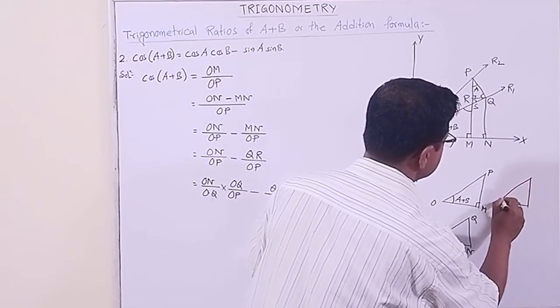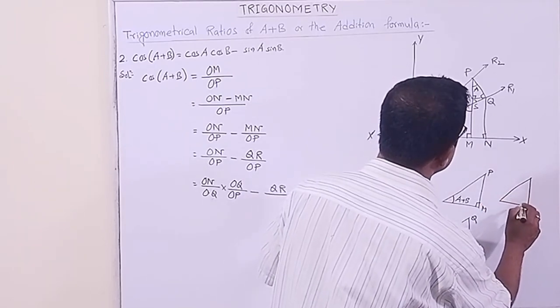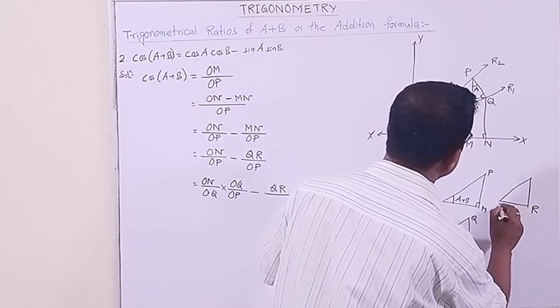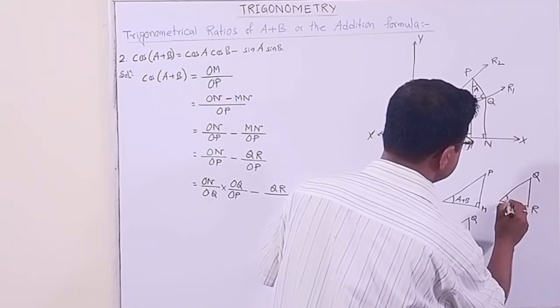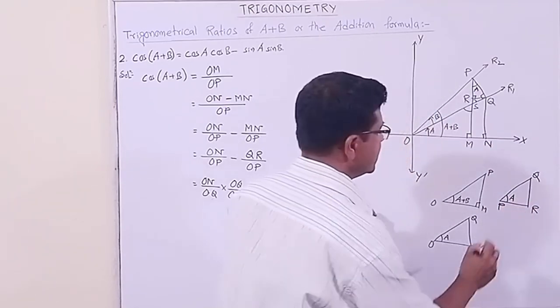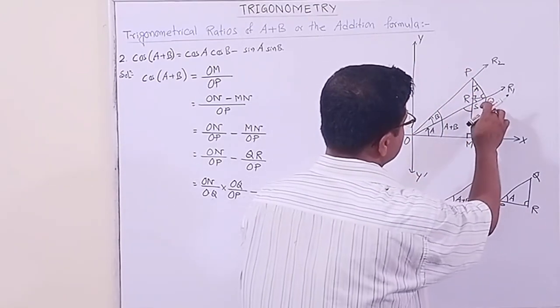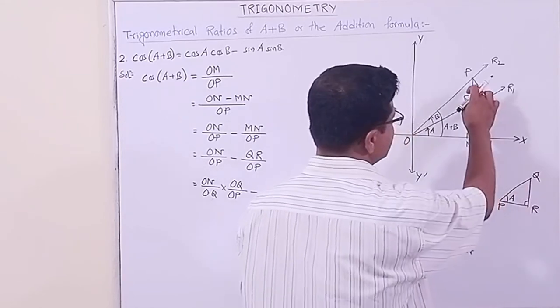QR, okay, QR here. So R is the right angle, this is P, this is Q, because this angle is A, this is the right angle. We have just rotated the triangle, QPR in this way, so that this comes at the base.